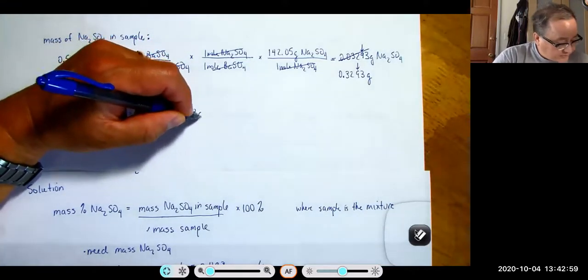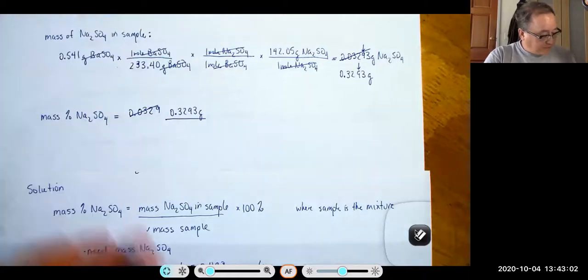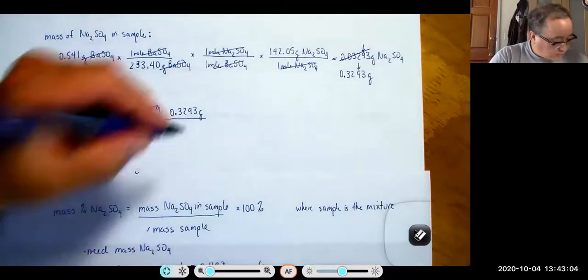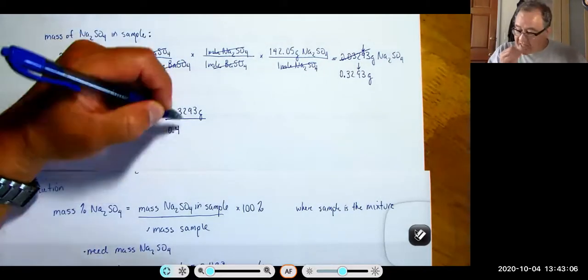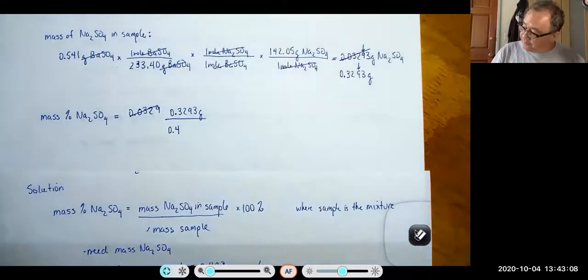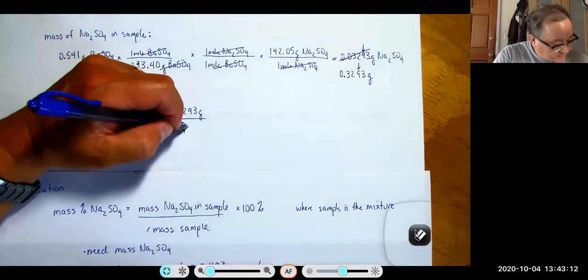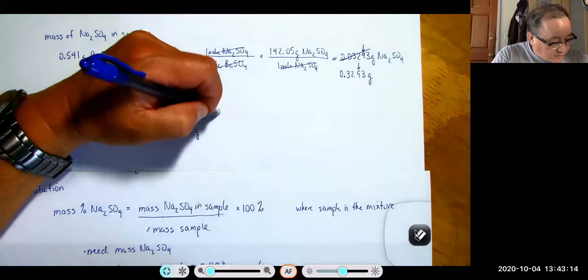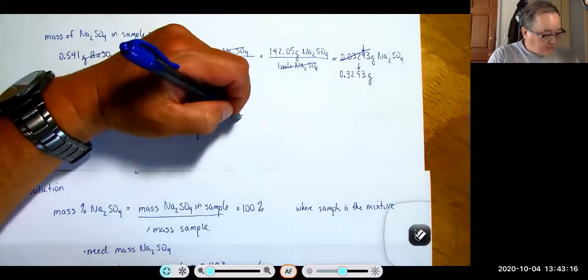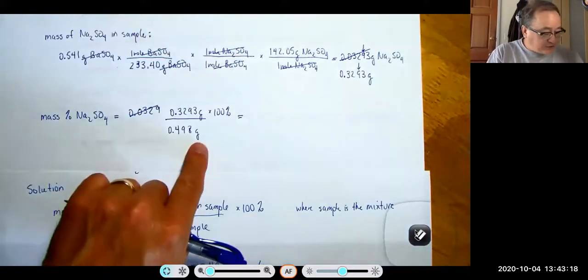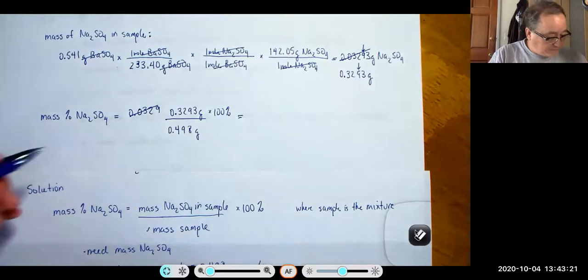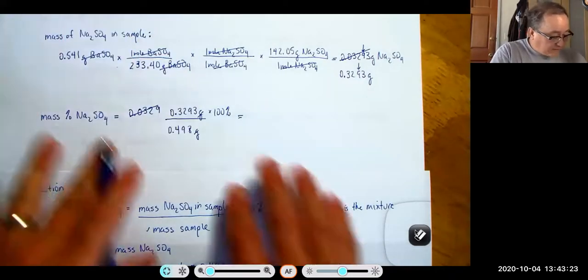0.3293 grams of sodium sulfate over the whole, which is, and I have to look this up in the problem, 0.498 grams. And then we multiply by 100%. Okay, and essentially these units go away, as it were. If I wanted to, I could leave labels in here.